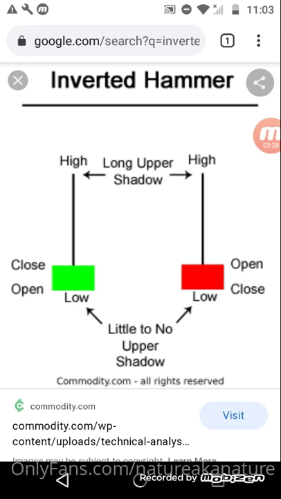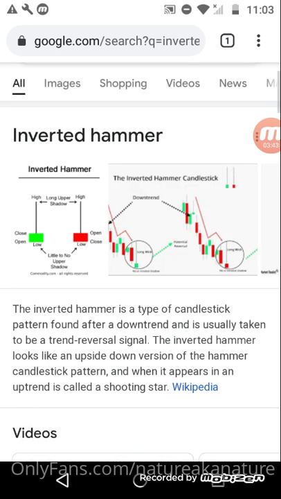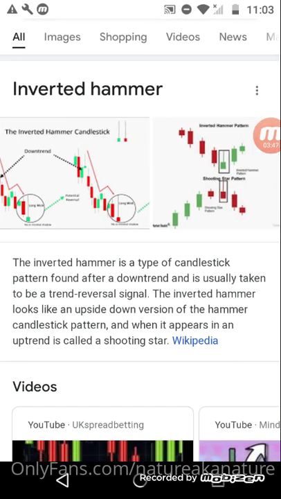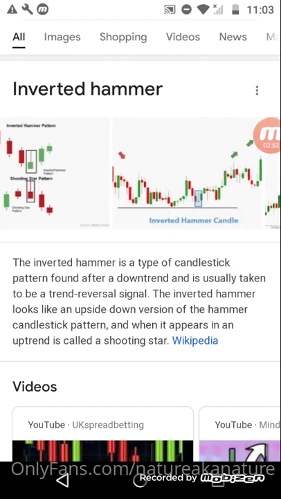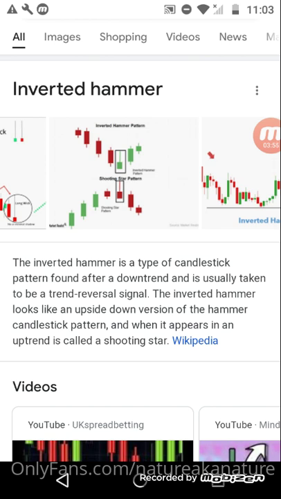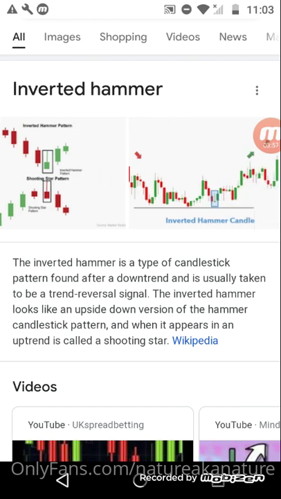It lets you know that buyers were in control, and sellers closed, but it wasn't a lot of sellers because it's a small body. You usually do see these during the uptrend.